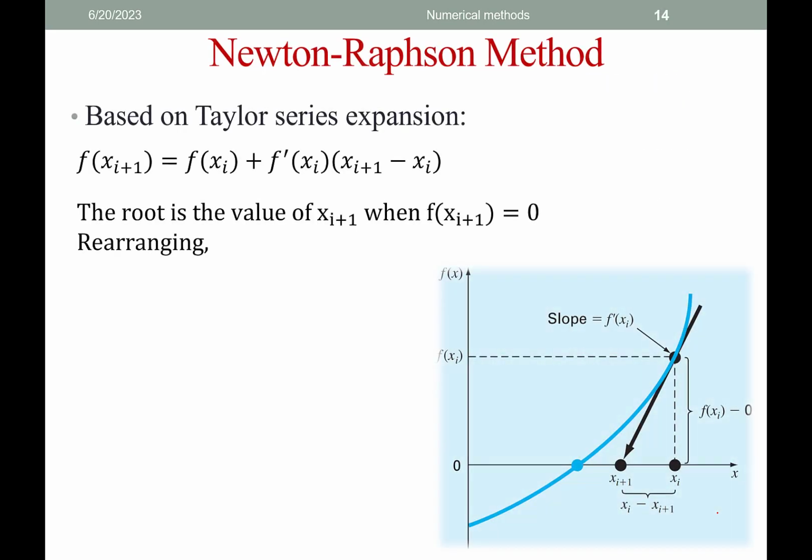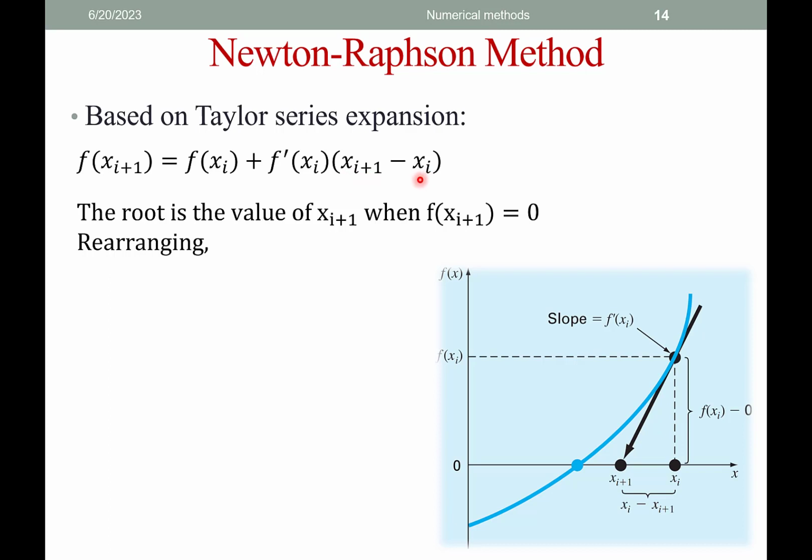All right, so now we're going to move on to the Newton Raphson method, and this is basically based on the Taylor series. If you recall from the first lecture, the Taylor series: f of x_i plus 1 equals f of x_i plus the derivative, f prime of x_i, times the step size, which in this case is x_i plus 1 minus x_i.